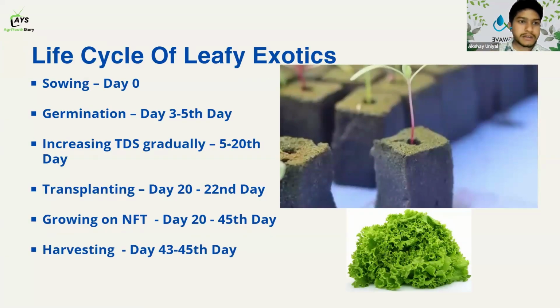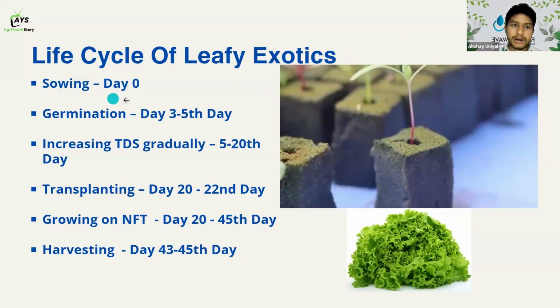Okay, so for example, in the case of leafy exotics, you see these are the oasis tubes. We directly put seeds in them and wait for the saplings to grow. I think these are 5 days short of transplanting, and in another 5 or 6 days, this sapling will be transplanted into the net pot, which will go directly into the NFT or DWC culture, the main system.